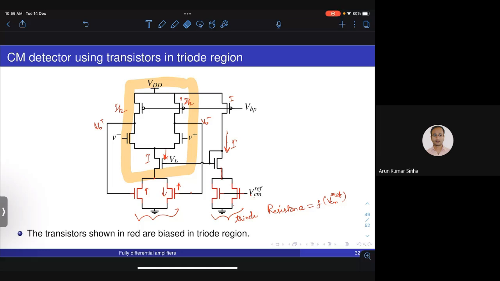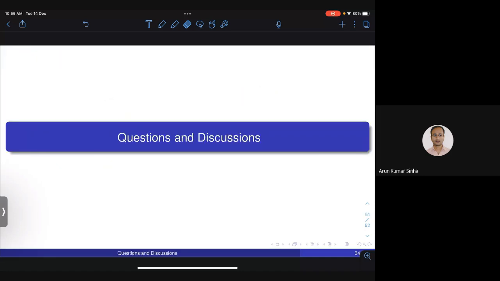Otherwise, it will also introduce some kind of non-linearity, and that will again affect the output common mode and also the differential linearity in the differential picture. Okay, this circuit generally has somewhat low common mode gain of the feedback loop compared to the previous ones that we had seen. Okay, this is done.